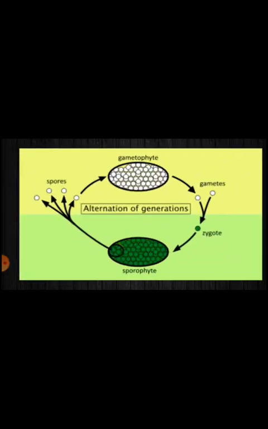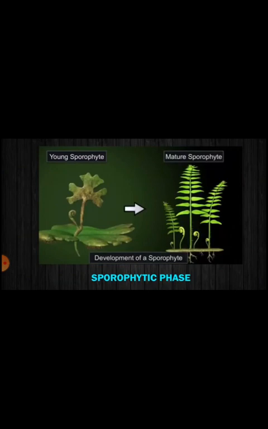Similar to bryophytes, pteridophytes also have alternation of generation. But here, the sporophytic phase is dominant, meaning most of the pteridophyte lives in the sporophytic phase. In the sporophytic phase, the plant grows root, stem, and leaf.